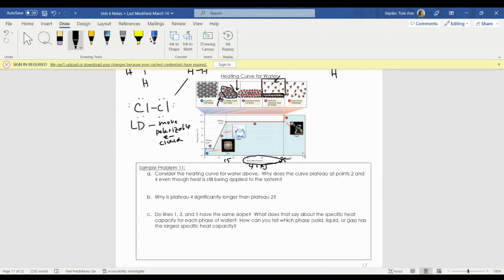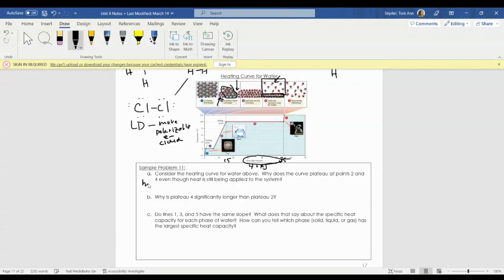So what's happening, right? Where's that energy going if it's not going towards raising the temperature? That energy is going towards breaking the intermolecular forces. So at point 2, I have to break these hydrogen bonds. That's where the energy is going, even though I'm adding heat. For part 4, that energy is going towards breaking every hydrogen bond to get this water to vaporize.